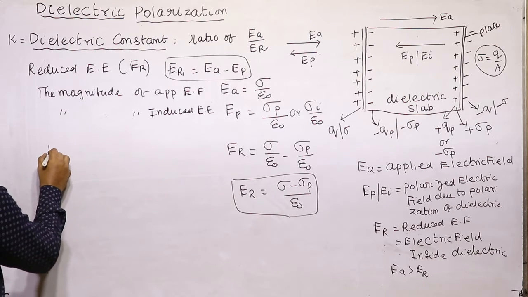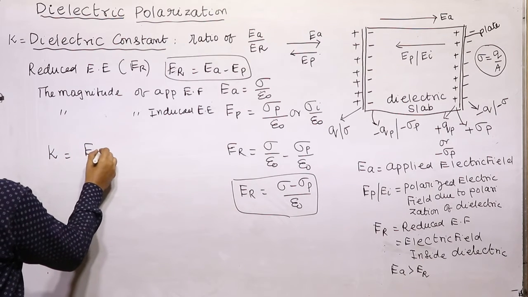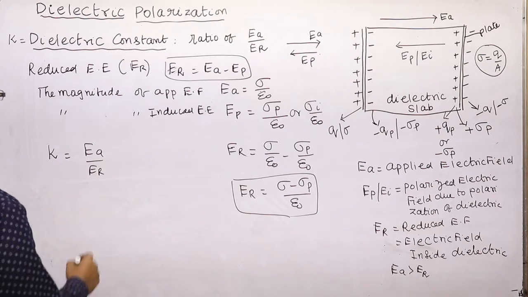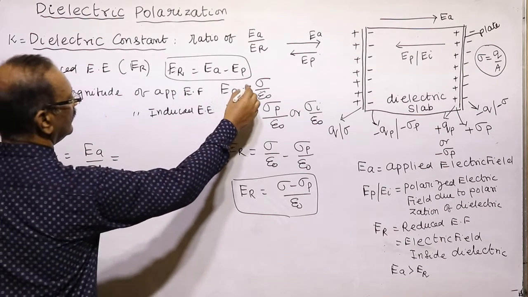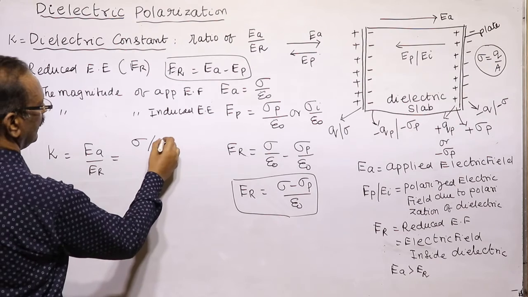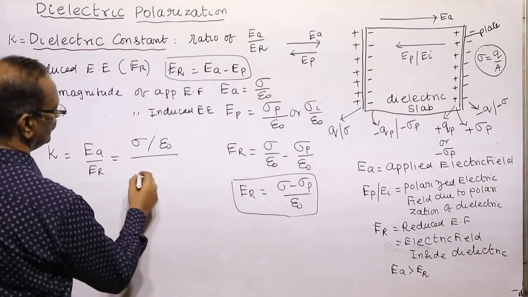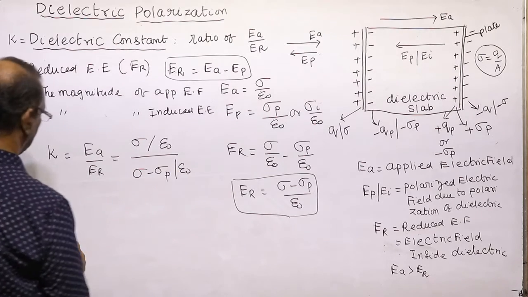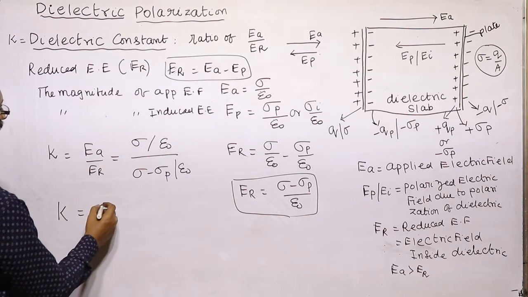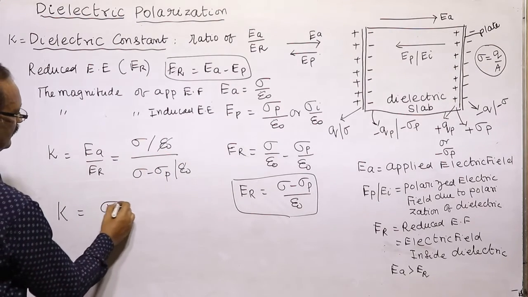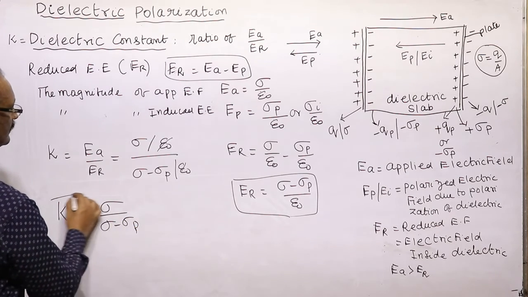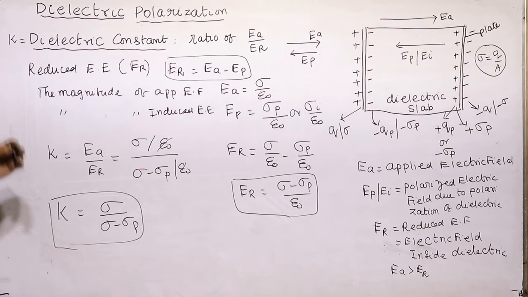That is K is equal to E A by E R. What is E A? The applied electric field is sigma by epsilon naught, and E reduced equals sigma minus sigma polarized by epsilon naught. The epsilon naught gets cancelled, so K is equal to sigma by sigma minus sigma P. This is another result. So we have seen the reduced electric field and the dielectric constant.